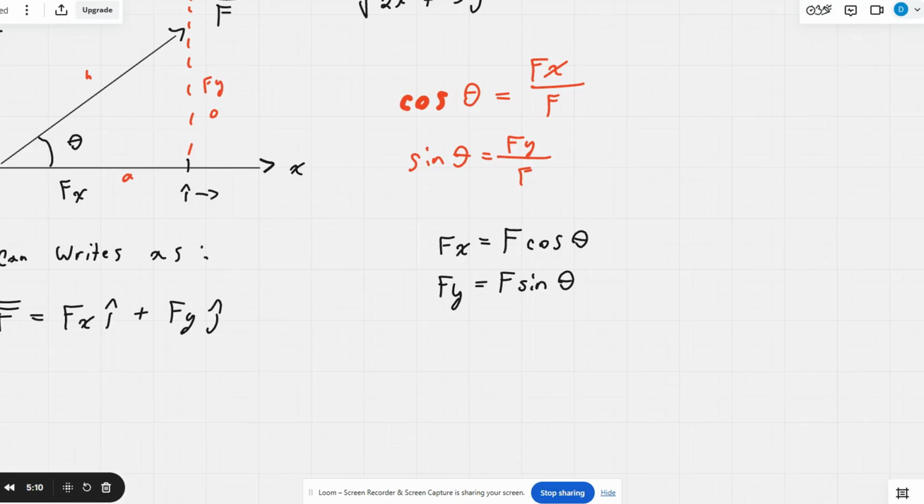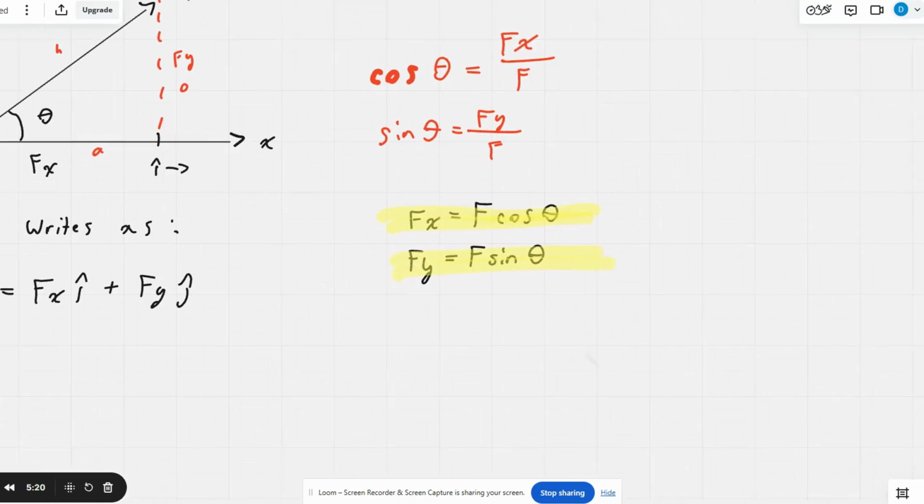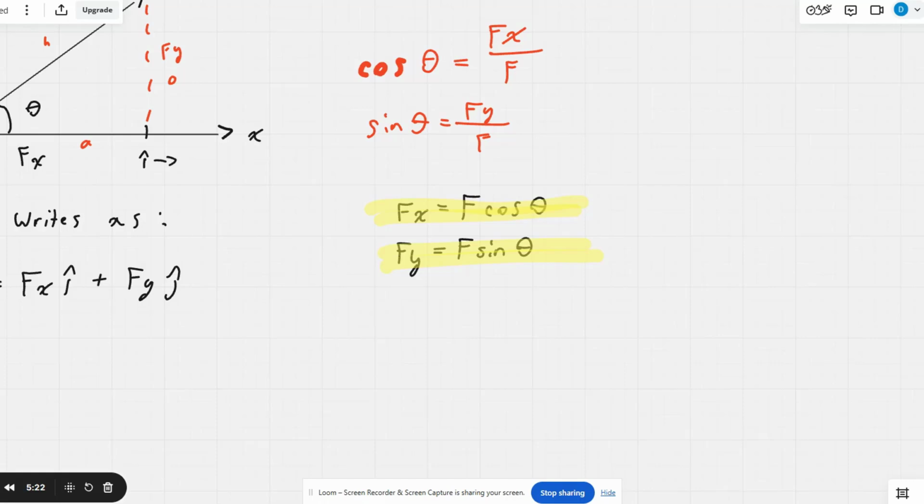We're just solving for f of x and f of y. This is just algebra. Let's go ahead and highlight this. This is something that you'll need to know: f of x equals f cosine theta and f of y equals f sine theta.